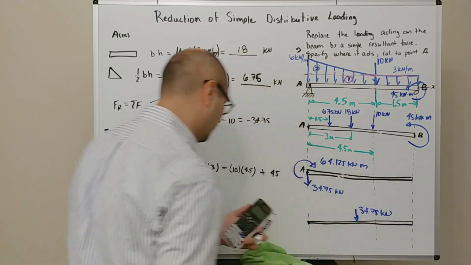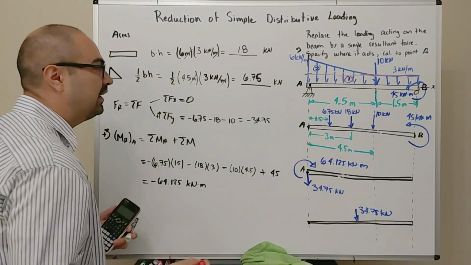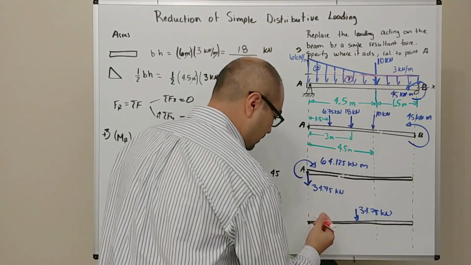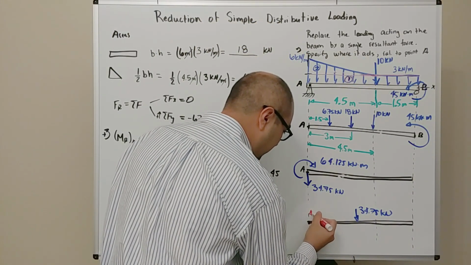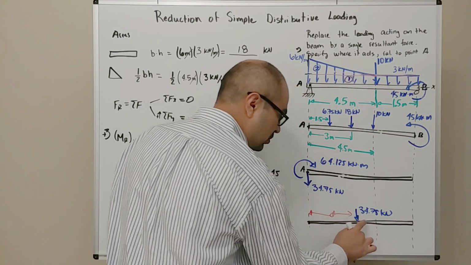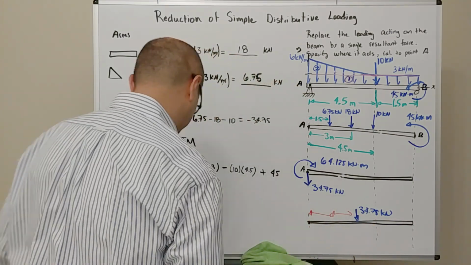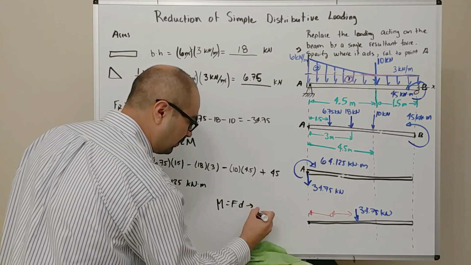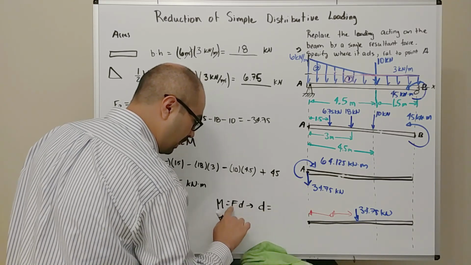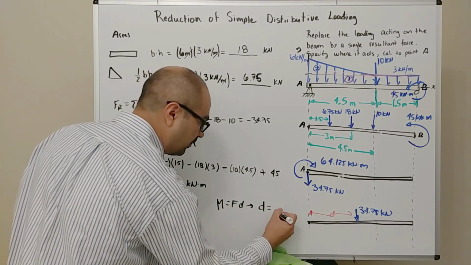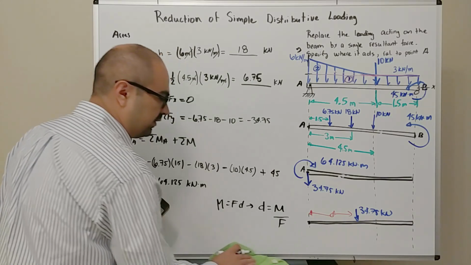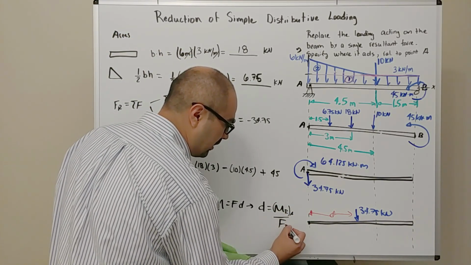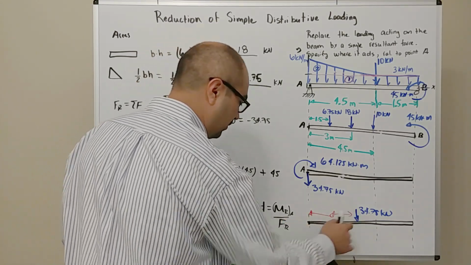34.75 kilonewtons. The question that we need to answer is specify where it acts relative to point A. So another way of saying that is give me the distance to that force from point A. So remember, moment is force times distance. So therefore, the distance is the moment divided by the force. Specifically, the one we're replacing is the resultant moment at point A, and we're replacing it with the resultant over here.